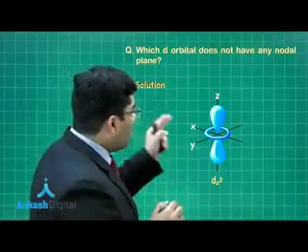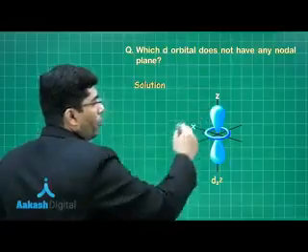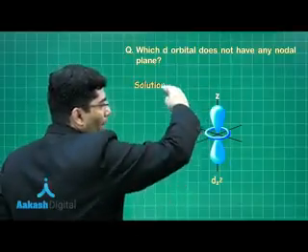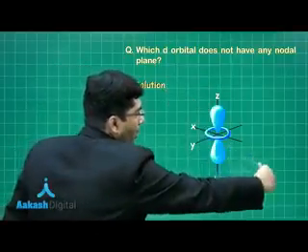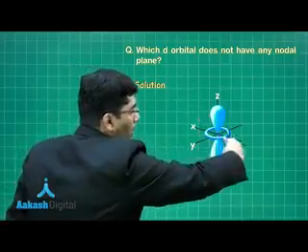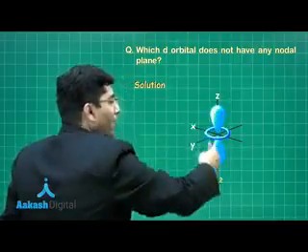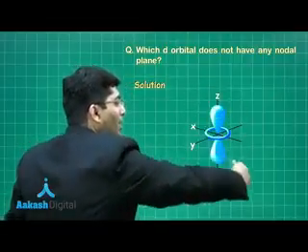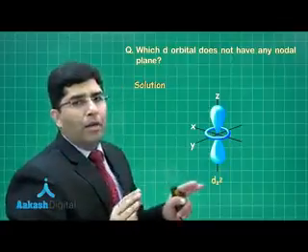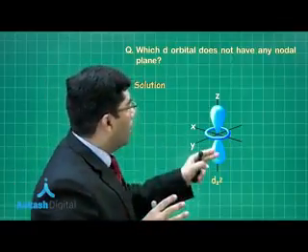But in the case of dz square, if we want to pass one plane through the nucleus, it is not possible that the plane should not touch the electron cloud. So if we go from anywhere, there is no plane possible which will not cut the electron cloud.